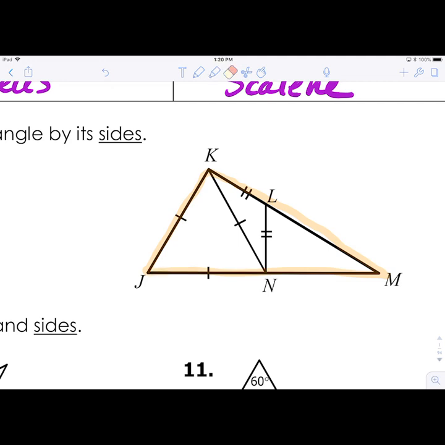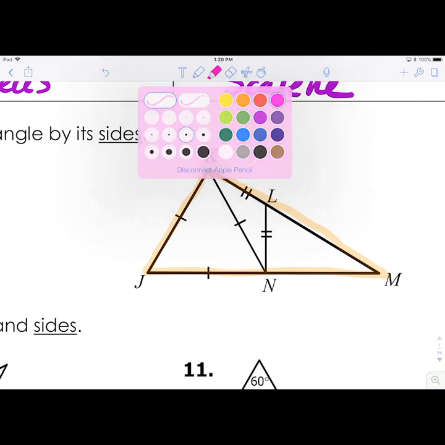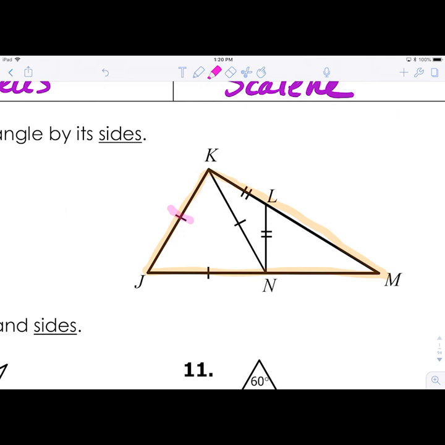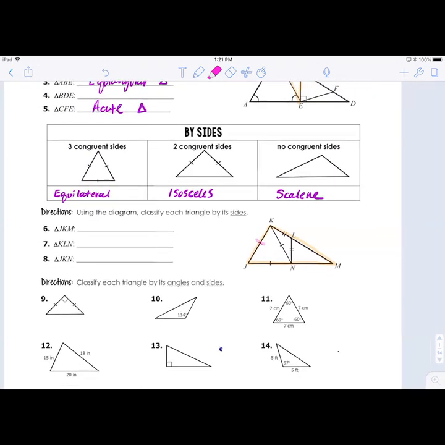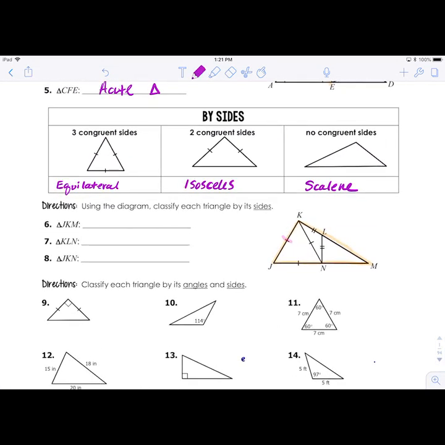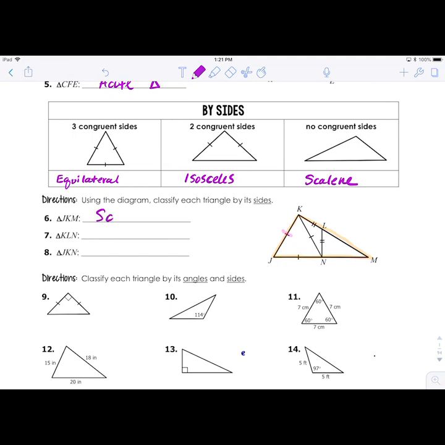There's no indication that these three sides are congruent to one another, because JK has this little tick mark right there, KM doesn't have one, and JM doesn't have one. So we're just going to go with scalene because we don't have enough information.